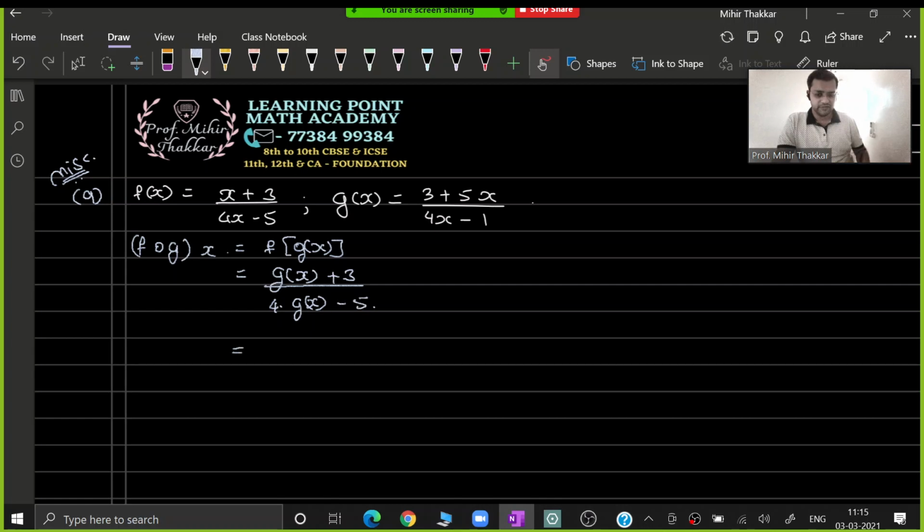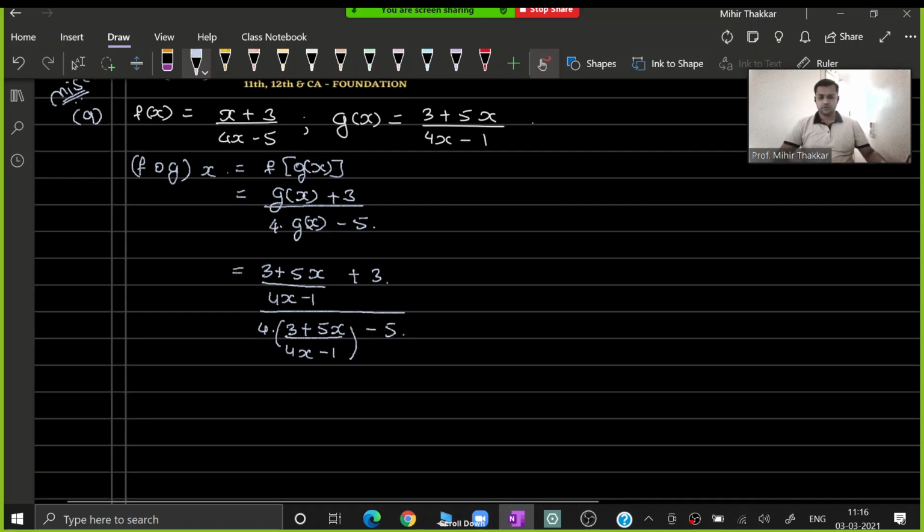Now in place of g(x), we will write (3 plus 5x) upon (4x minus 1) plus 3, because I have a plus 3 in the numerator, 4 into (3 plus 5x) upon (4x minus 1) and minus 5. So now this 4x minus 1 will be taken LCM with 3, and 4x minus 1 in the denominator will go with LCM for 5.